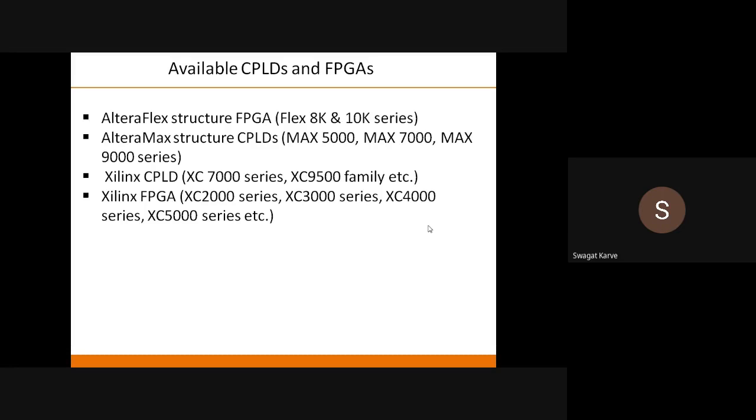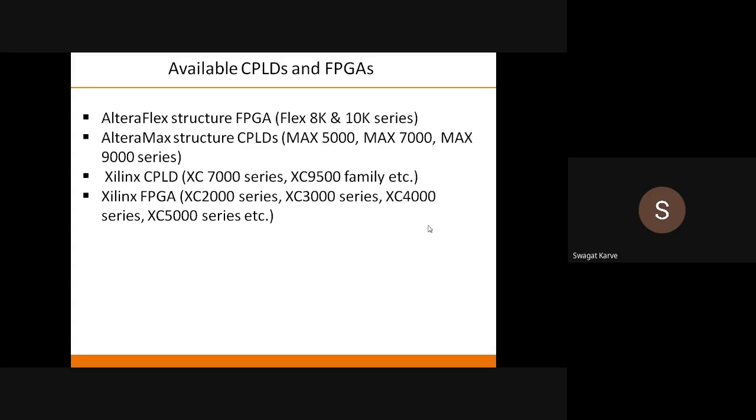Okay, then you have Altera Flex structure of FPGA, Flex 8K, Flex 10K series. Then you have Altera Max structure CPLDs, Max 5000 series is there, Max 7000 is there, Max 9000 series is there.